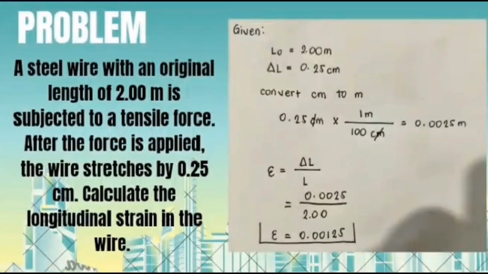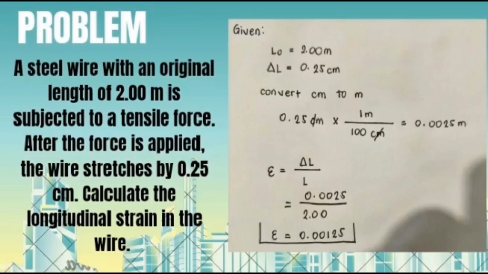So let's move to the second problem. A steel wire with an original length of 2.0 meters is subjected to a tensile force. After the force is applied, the wire stretches by 0.25 centimeter. Calculate the longitudinal strain in the wire. So this will be the solution. List the known values and ensure they are in consistent units.